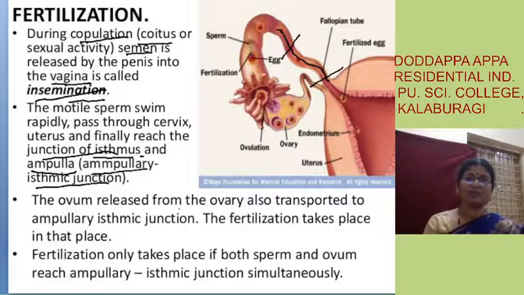When the ovum is waiting here for fertilization, only if the sperms come will fertilization take place. Throughout this portion the sperms must come, otherwise fertilization will not occur. Now let me go to the next one.